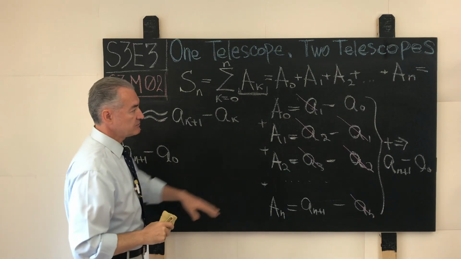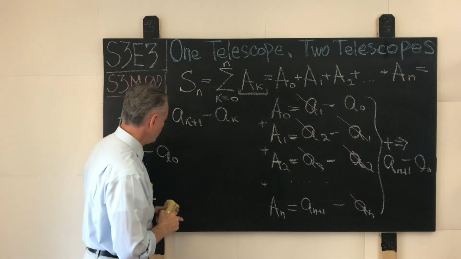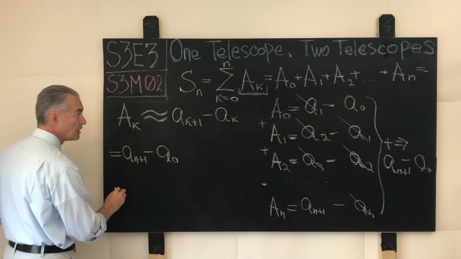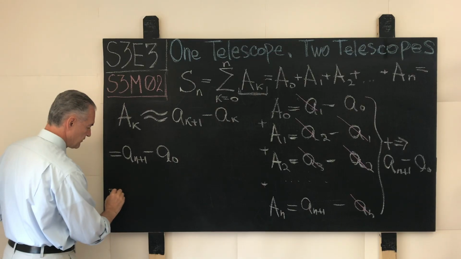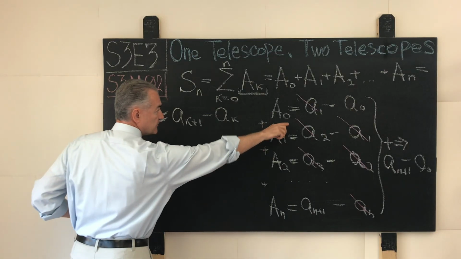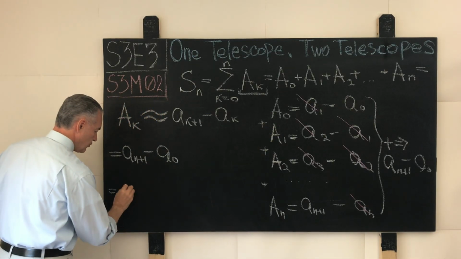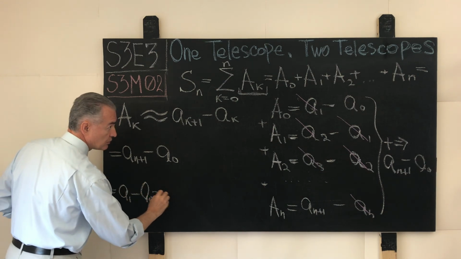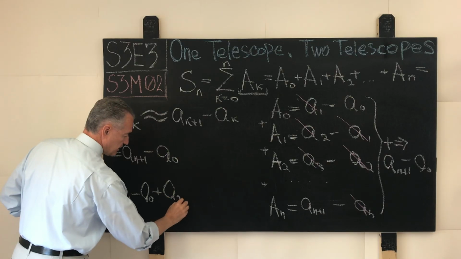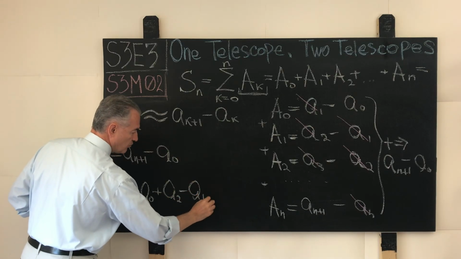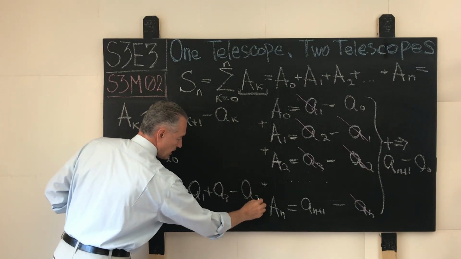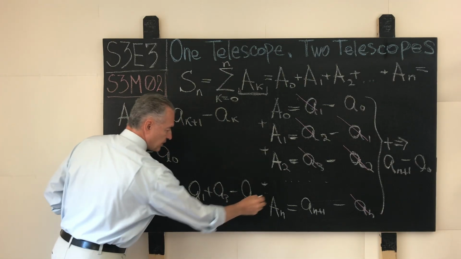Now, in this representation, look at this. If we were to write down the first few summands of our sum in the modified form, we will have what? A1 minus A0 plus A2 minus A1 plus A3 minus A2, and so on.